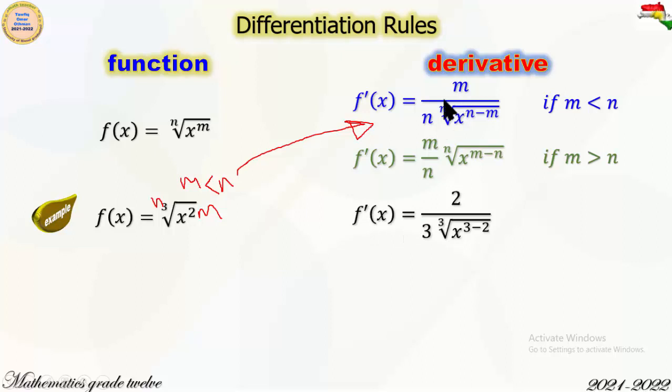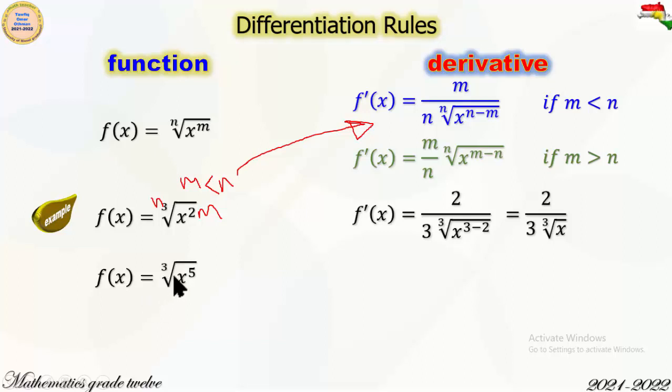First of all, write m, which is 2, over n, which is 3. Then the cube root, because n is 3, then x to the power n minus m, 3 minus 2, which equal 2 over 3. The cube root, 3 minus 2 is 1, the cube root of x.